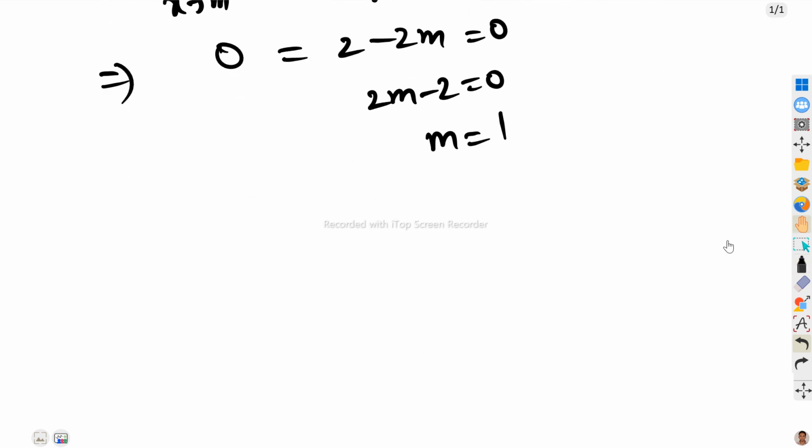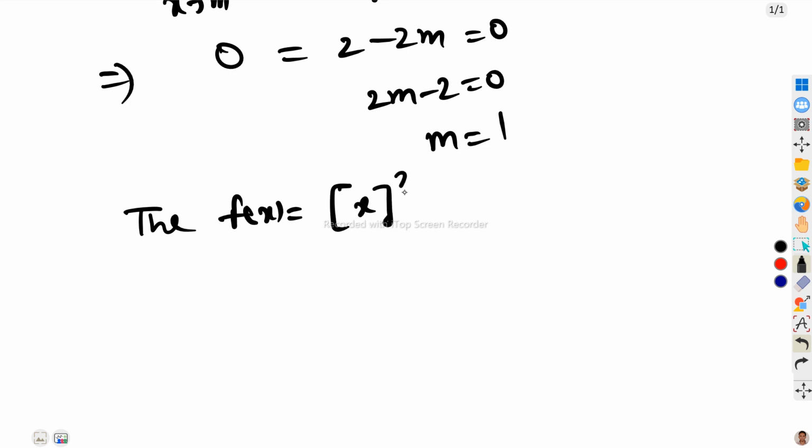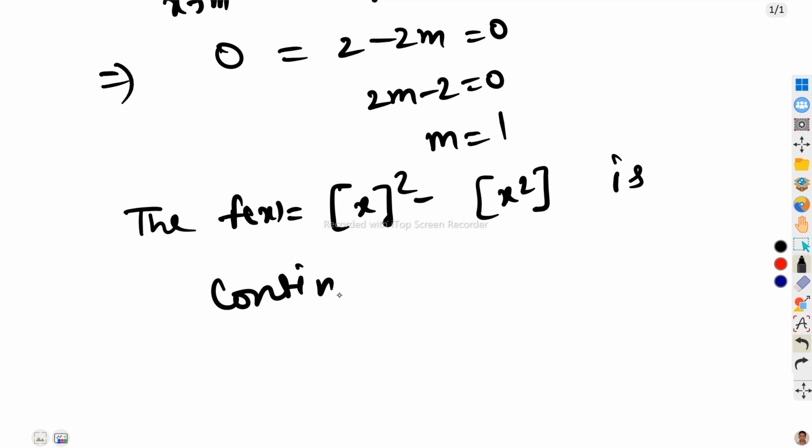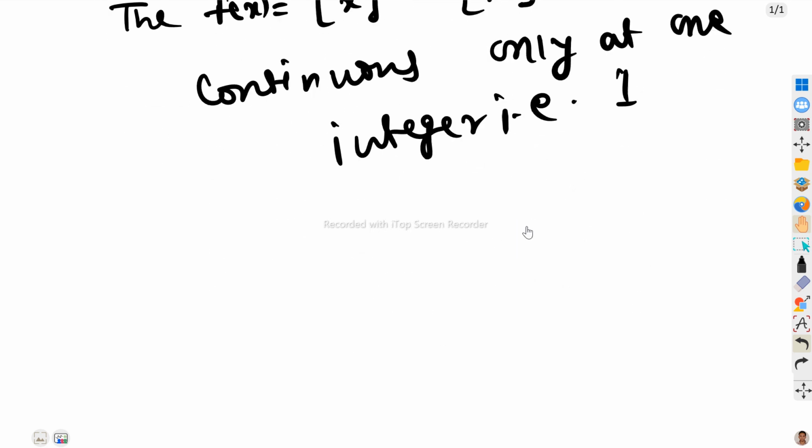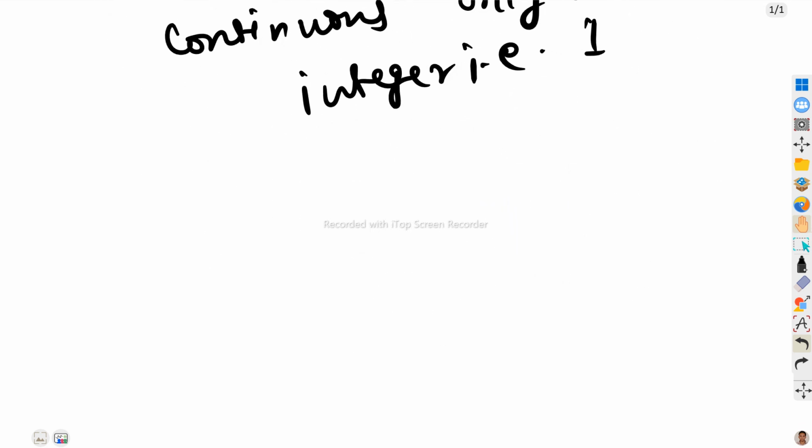So the function is continuous at only one integer, which is equal to 1. The function f(x) equals bracket of x square minus bracket x square is continuous only at the one integer, that is 1.